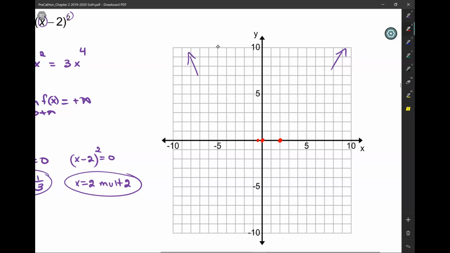But then it has to turn around to hit 0 again. So now it turns around, and it has to hit that 0. When it hits the 0, does it cross or turn around? Cross, because it's an odd multiplicity.